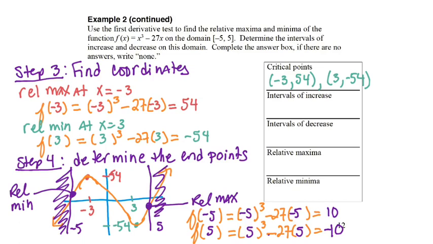Now for interval of increase, if you can see your chart that we had drawn in step 2, you could see that the first interval where we had a value of 21, we said was positive, which equals increasing. You can also see that here, that my graph is headed uphill in between negative 5 and negative 3.